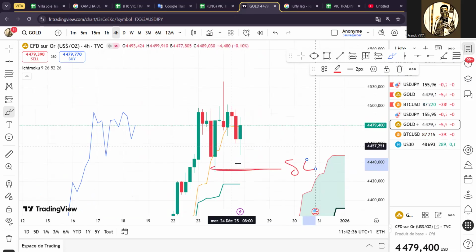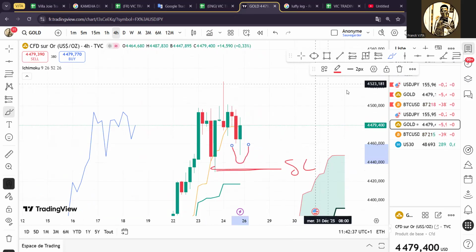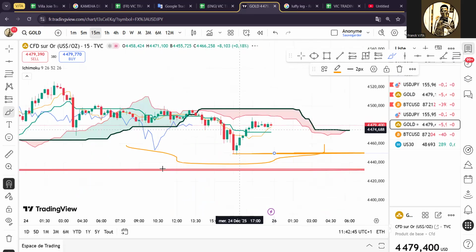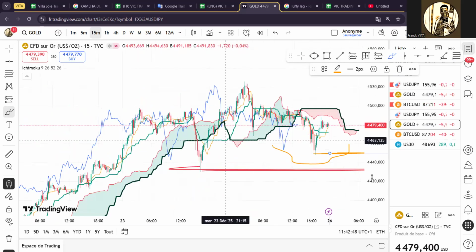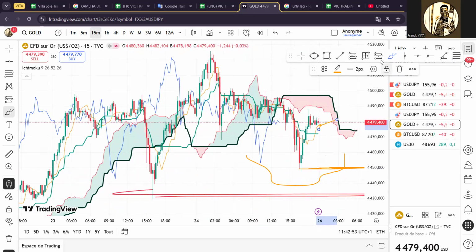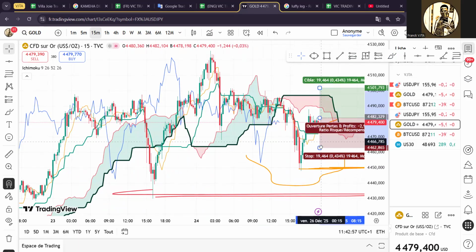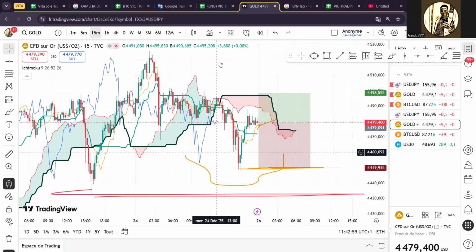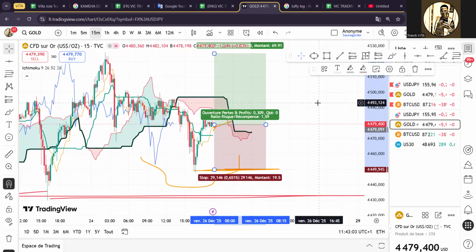On 15 minutes, anything bending to the upside like this will be an inverted Tenkan entry on 15 minutes and 5 minutes, just before the maximum stop loss. For example, what you see here is an entry for a buy on 15 minutes when we fall down, and you aim for the top high.